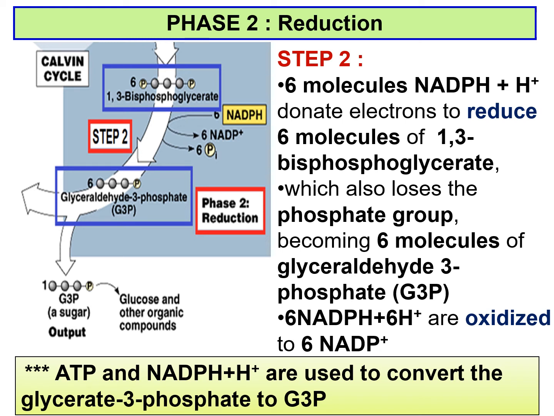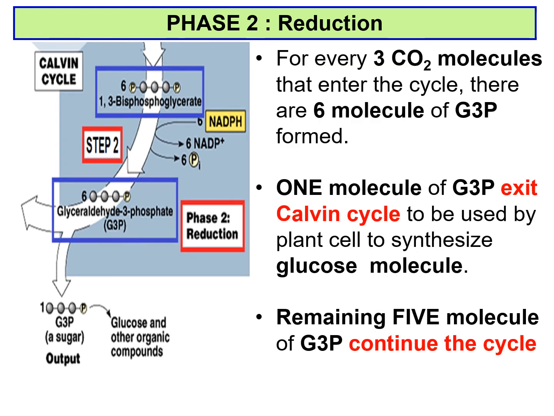Okay, the next phase is the regeneration. For every 3 carbon molecules that enter the cycle, there will be 6 molecules of G3P formed. From 6 molecules of G3P, 1 will exit the Calvin cycle to be synthesized into glucose. The remaining 5 of the G3P will continue the cycle into the next phase.